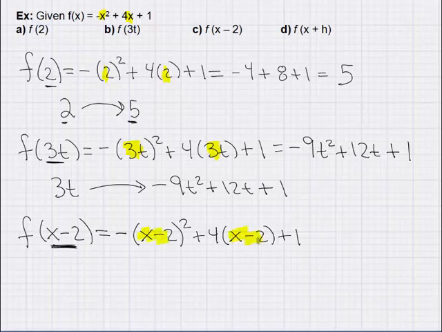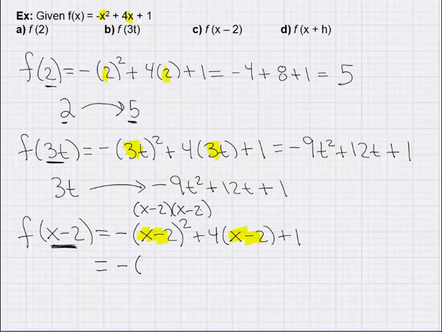If you look, it looks a lot like everything else we've been doing. So now what do I have to do? Well, that's essentially the answer, but I should simplify it. I should multiply this out and collect like terms. So if I do that, I have negative x minus 2 squared. That is not x squared and then 2 squared. When you do x minus 2 squared, you've got to do x minus 2 times x minus 2.